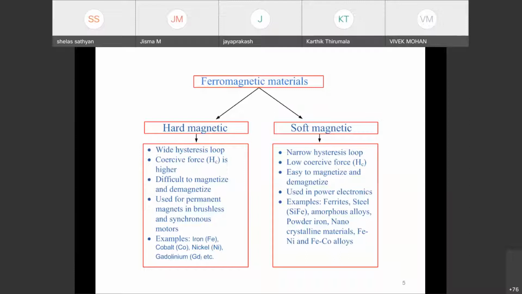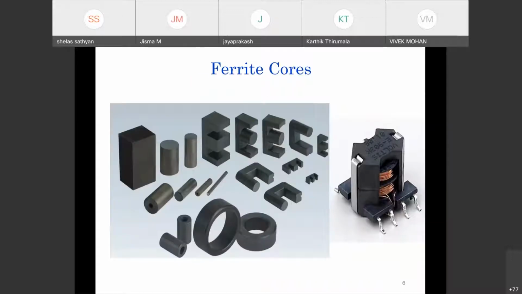So the soft magnetic materials include ferrite core, amorphous core, powder iron core, nanocrystalline core, etc. One of the widely used soft magnetic materials is the ferrite core. As you've seen here, the ferrite cores are available in different shapes.